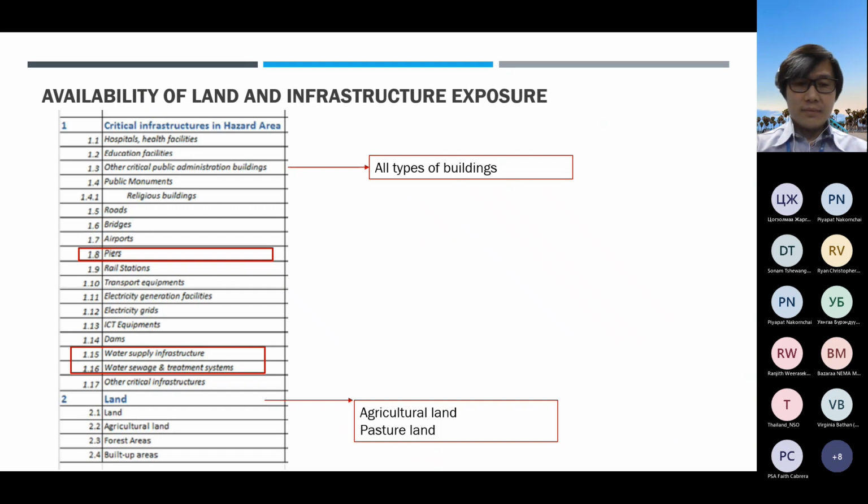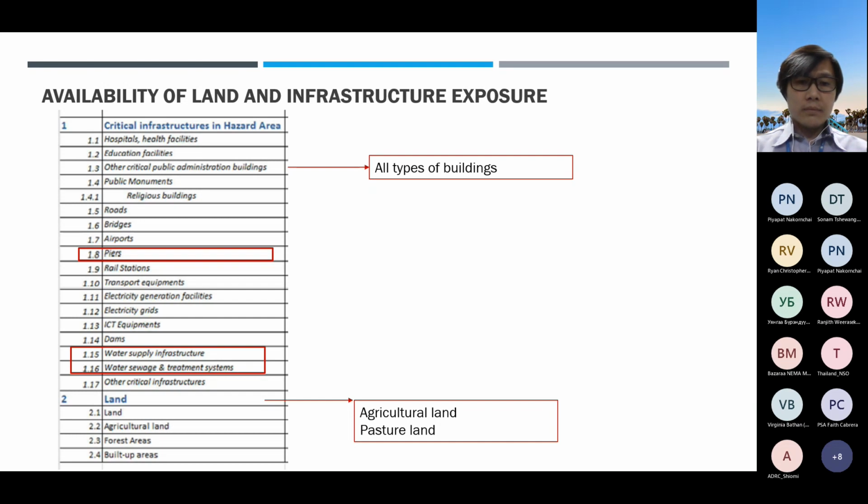Within the ADP project, we could not collect the data on the water supply infrastructure and water sewage and treatment systems, so we do not have this kind of data at this moment. It is held by the related ministries, so perhaps in the near future this data can become available to assess the exposure level.